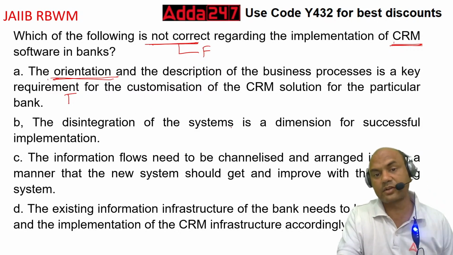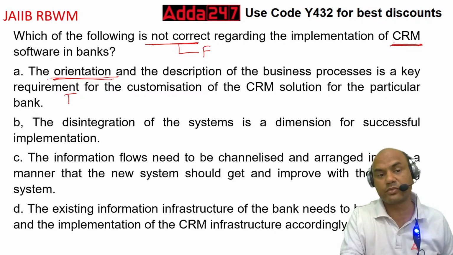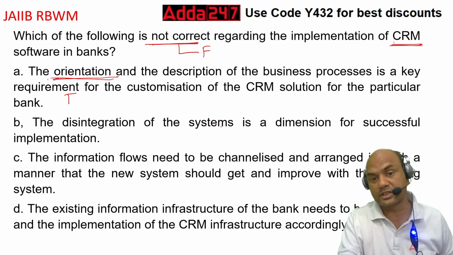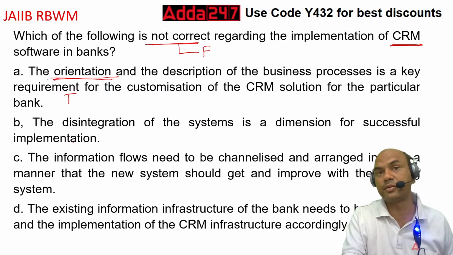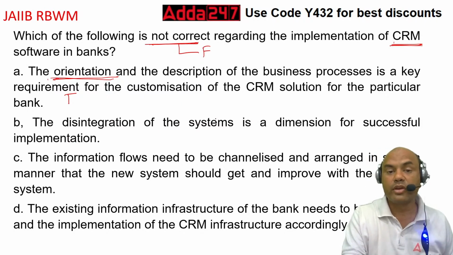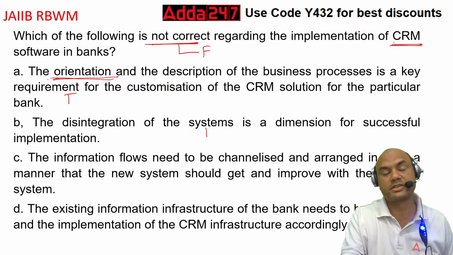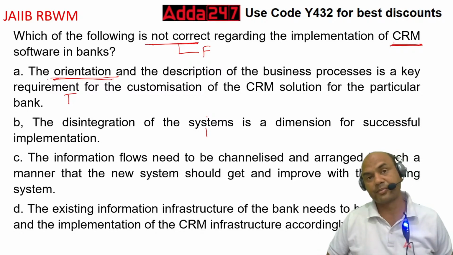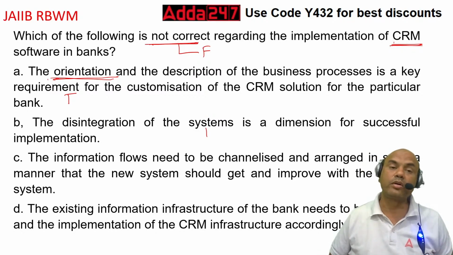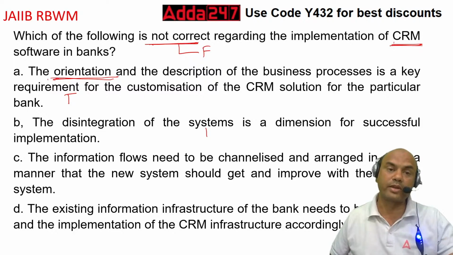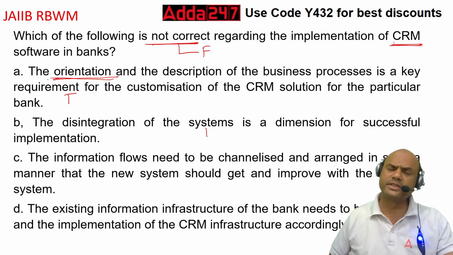The disintegration of a system is a dimension for successful implementation. Means, if I have to implement something, I have to break this into smaller parts. That is also right. Suppose I tell you, take the new software in the bank. Is this statement enough?